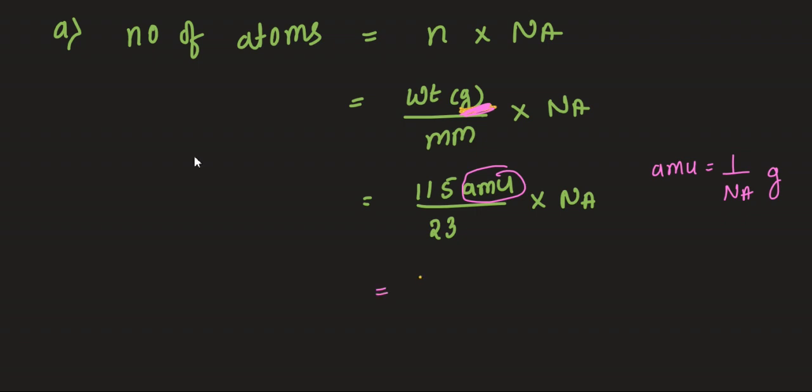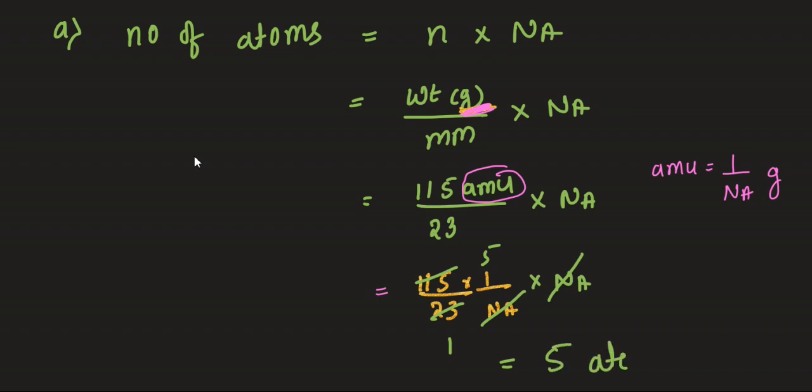So when we substitute, we get 115 into 1 by Avogadro number divided by 23 into Avogadro number. Are you able to understand? So the Avogadro number gets cancelled. 23 ones are 23, 23 fives are 115. So finally, how much will you get? You will get only 5 atoms. I hope you people understood how to solve the question. Written till here.